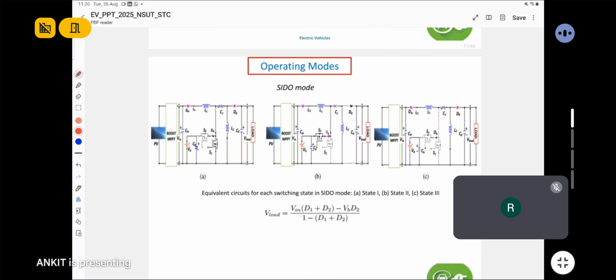Then single input dual output. This is the mode when the PV is generating more power than the load.